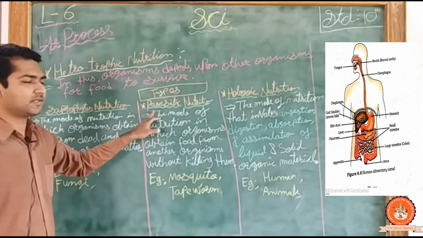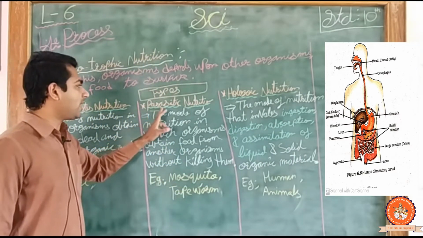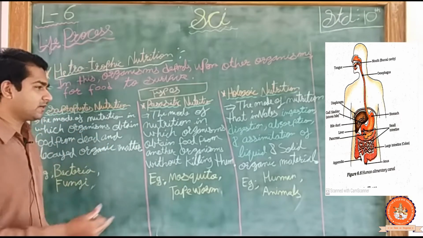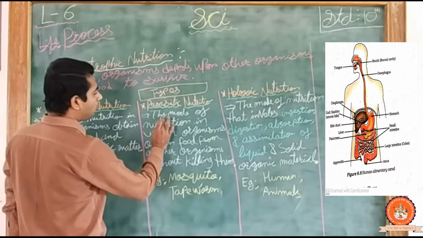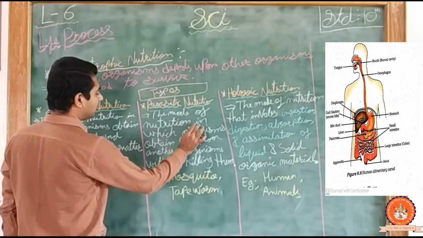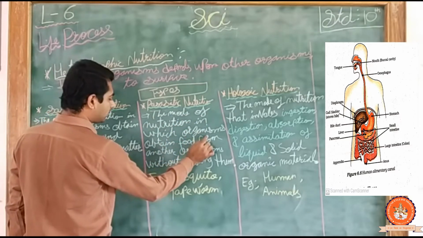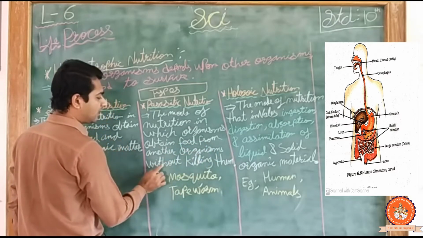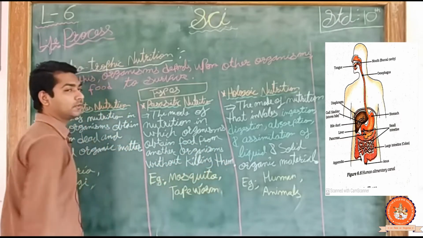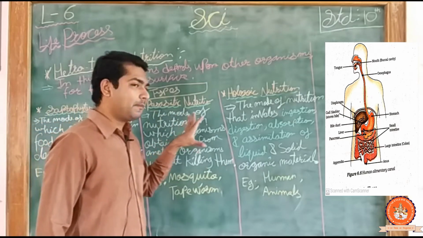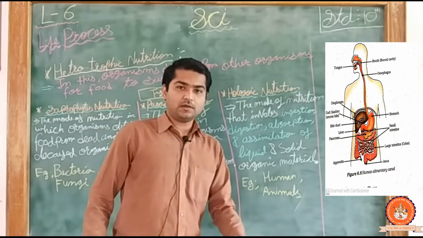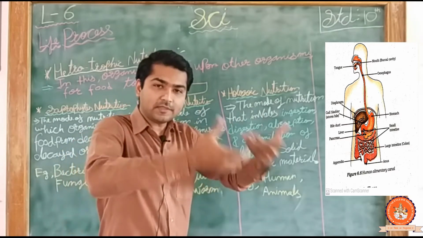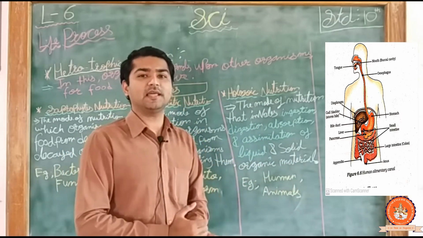Now coming on to the second type, that is parasitic nutrition. So what is parasitic nutrition? Let's see the definition. The mode of nutrition in which the organism obtains food from another organism without killing them. In this parasitic nutrition, the organism takes food from another organism but without killing it.